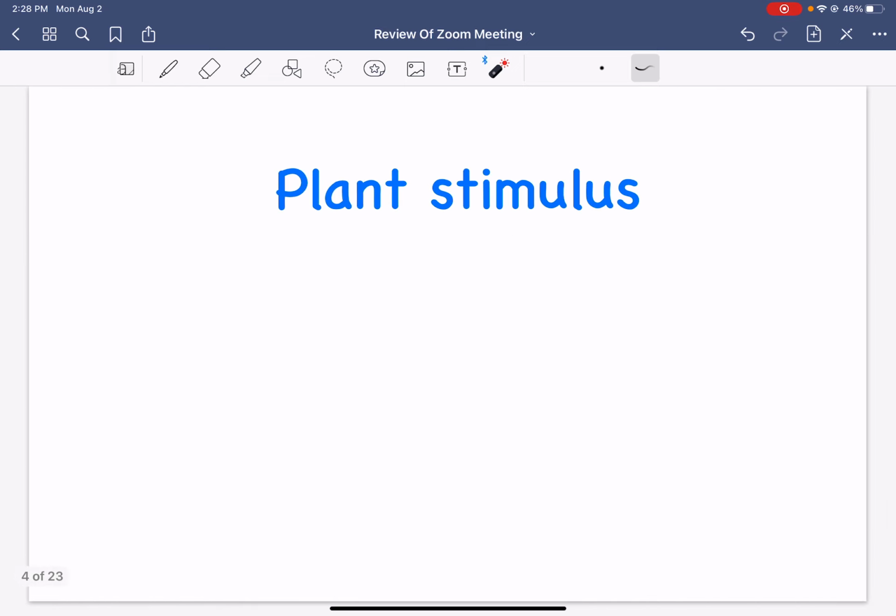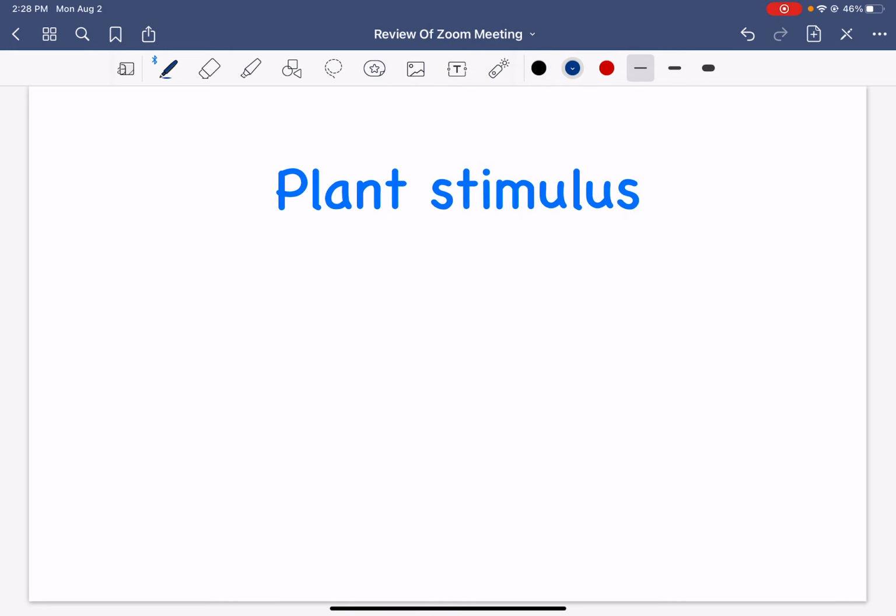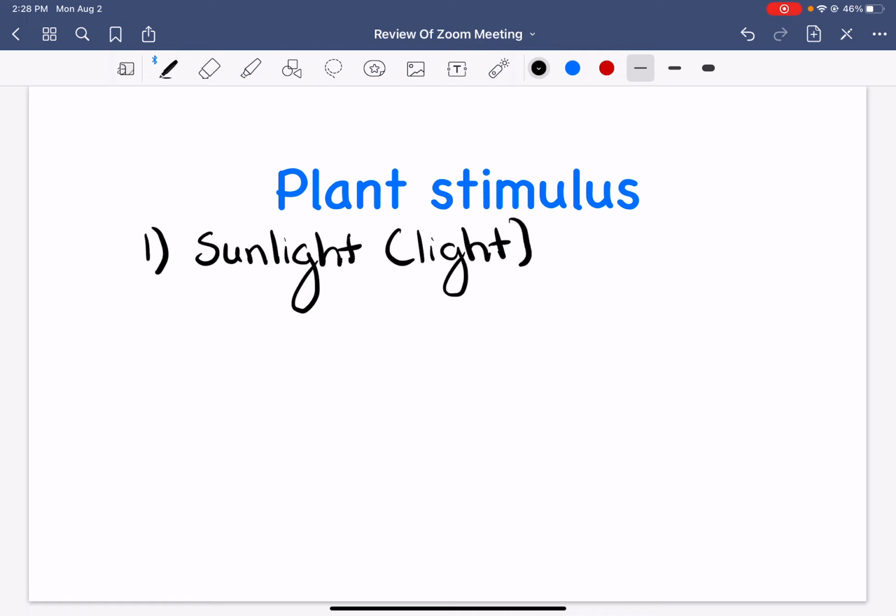Next, we have plant stimulus. What are the 4 plant stimulus? We have 1, sunlight, or we can write light. What's number 2?